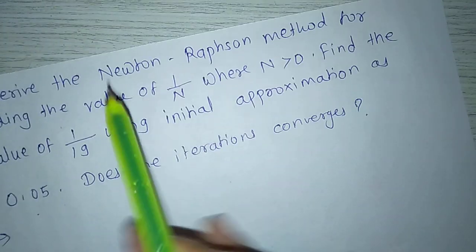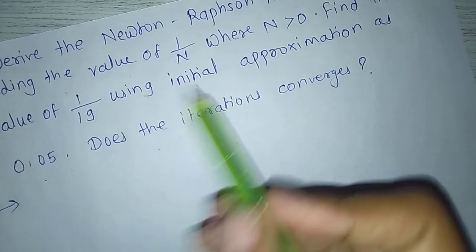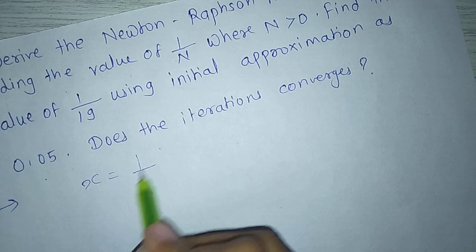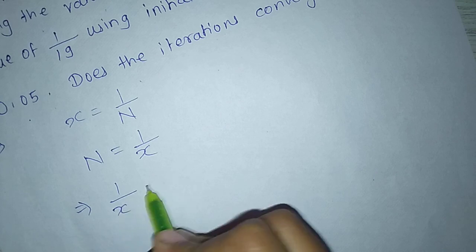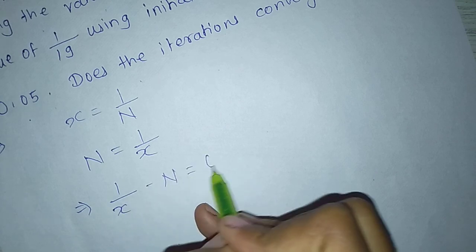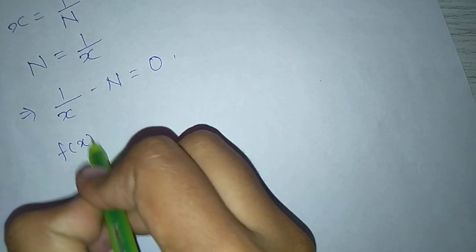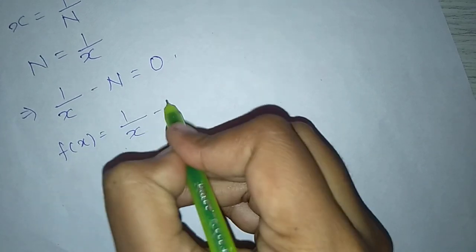First, here we have to find the value of 1 upon n. Let x equal to 1 upon n, which means n equal to 1 upon x. This implies 1 upon x minus n equal to 0, so we get f of x equal to 1 upon x minus n.